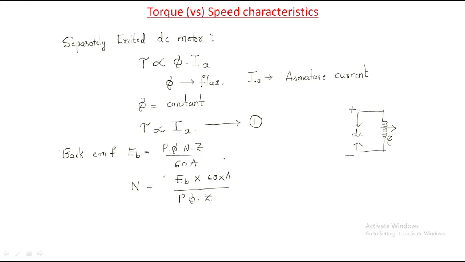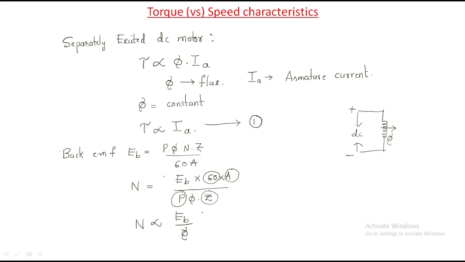So what are the constant terms? 60 is constant, the number of parallel paths A is constant, Z is constant and the number of poles P is constant. So the speed depends on the back EMF as well as the flux.